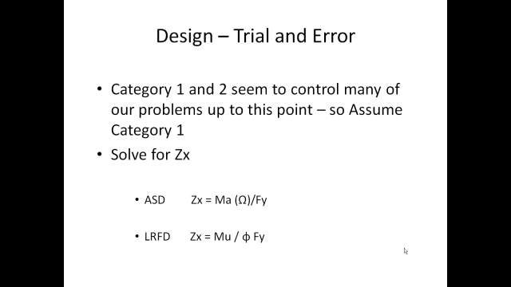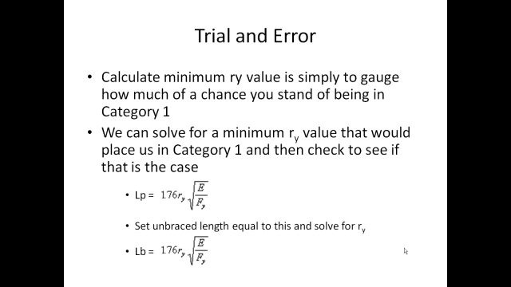Now this is based on the assumption that it's category number 1, that it's controlled by the plastic moment. So that's just an assumption at this point. How can we quickly see if this is in fact a good assumption or not? There's a couple ways we can do it. One way would be to calculate Lp and see if our unbraced length is less than or equal to it.